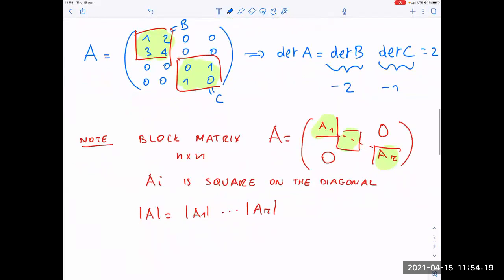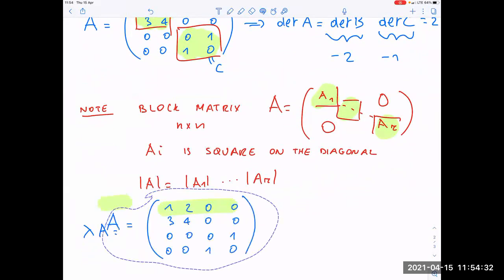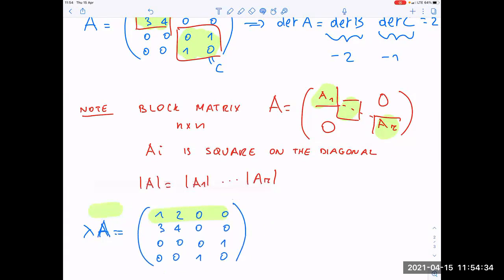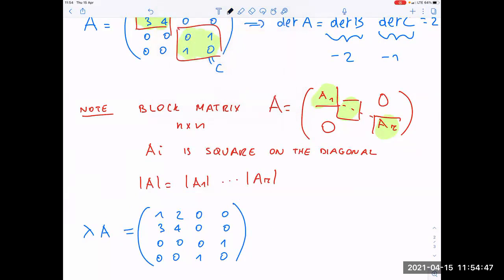Now we want to make the same computation for the matrix lambda A. But you see, it's not mysterious what the matrix lambda A is going to be. You multiply each entry by the number lambda.